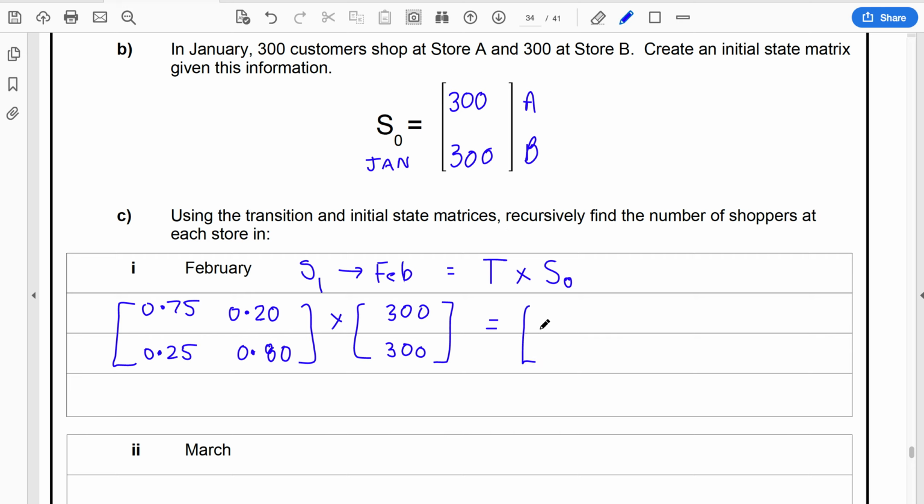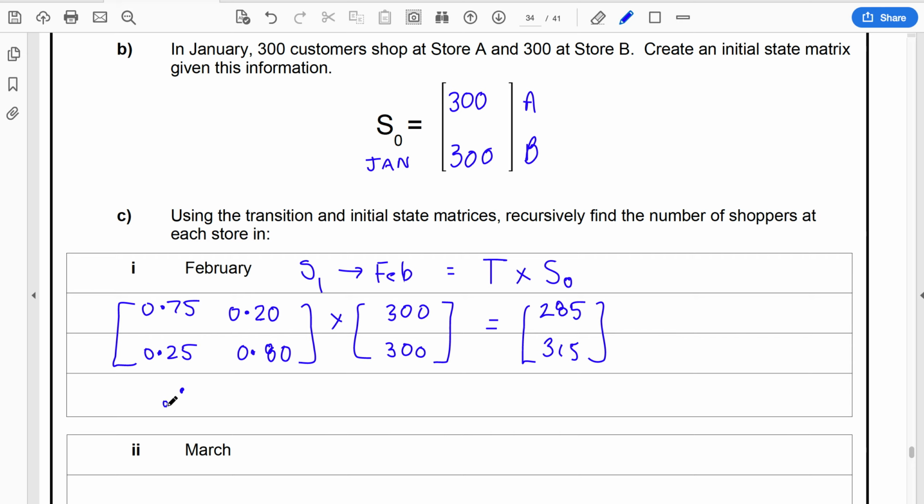When we do that in our calculator, we get 285 and we get 315. In other words, after all these transitions have taken place, so we've got the 75% of this, the 20% of that, but then we've got this other transition taking place, 25% of A moving to B and 80% of B remaining at B. These are the new values at each store, and of course this is for February.